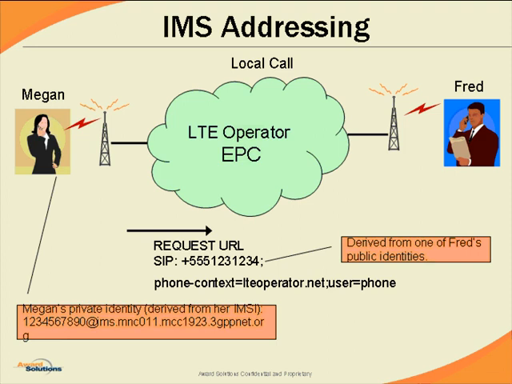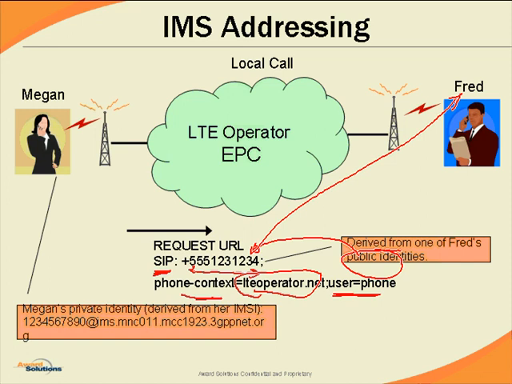We are saying here that, okay, SIP, this is the number that we are trying to reach. The context, some LTE operator, and this is phone. So we are using some phone number to reach the user. And if you look at this structure, this identity is a public identity, the public identity of the person we are trying to reach.